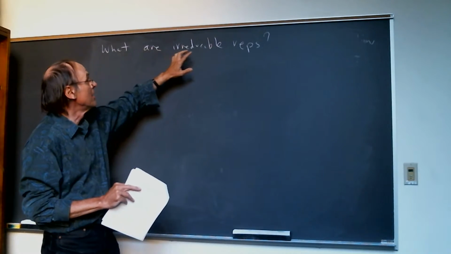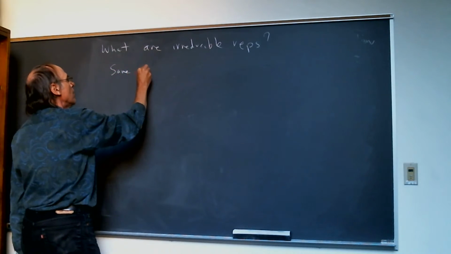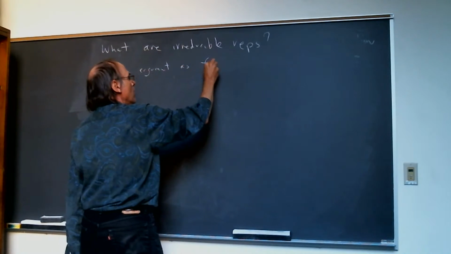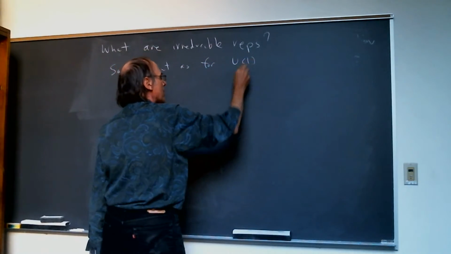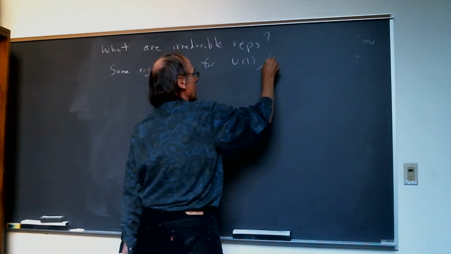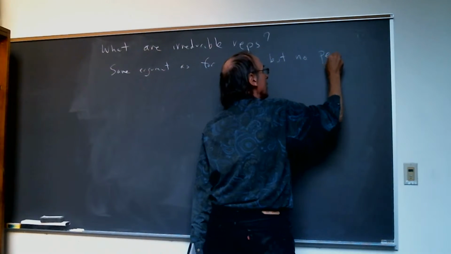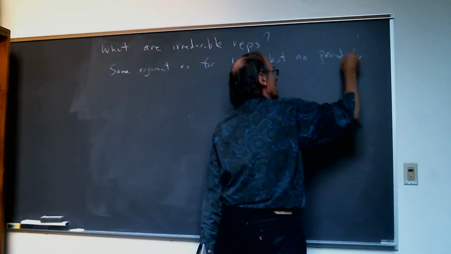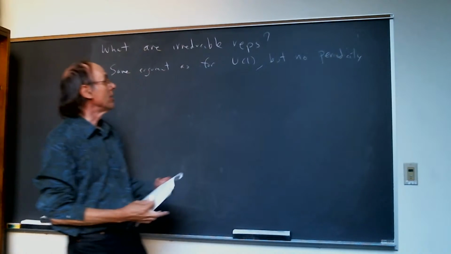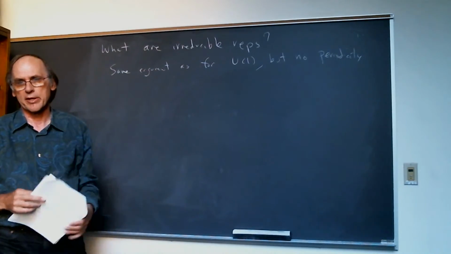Well, in this case, this is just the same argument as for U1, except that you don't have periodicity. So the argument starts out the same, but then you never get to the point where you impose a periodicity condition.